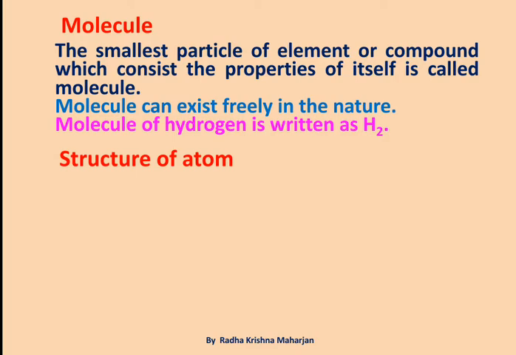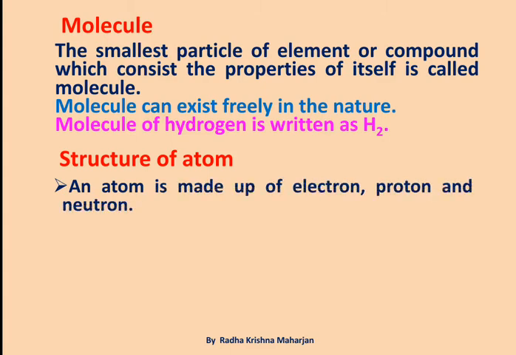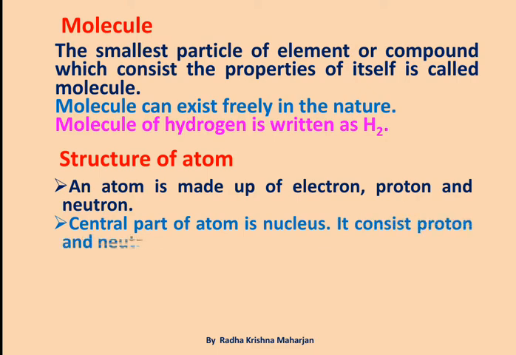Structure of atom: an atom is made up of electron, proton and neutron. Central part of atom is nucleus. It consists proton and neutron.